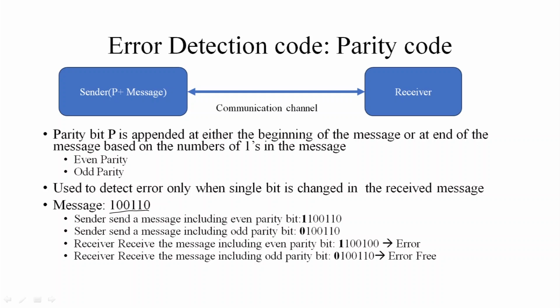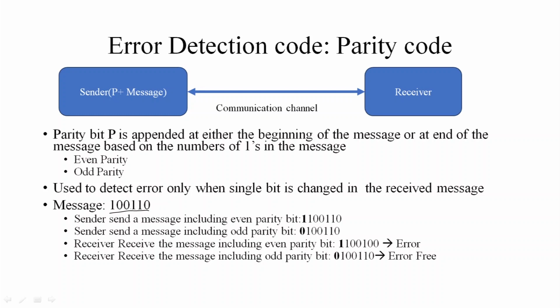When the number of ones present in the message is odd, then the value of the even parity bit is 1, and when the number of ones present in the message is even, then the value of the even parity bit is 0. Similarly, in case of the odd parity bit, when the number of ones in the message is even, then the odd parity bit value is 1, and when the number of ones is odd, then the odd parity bit is 0.